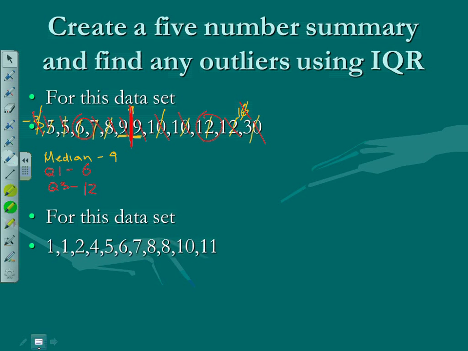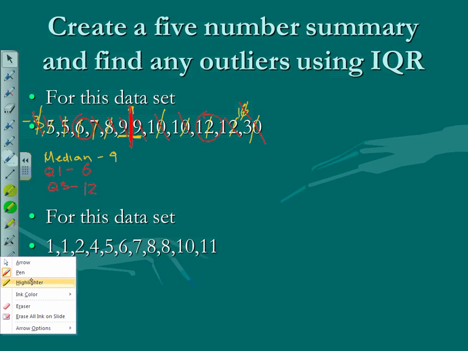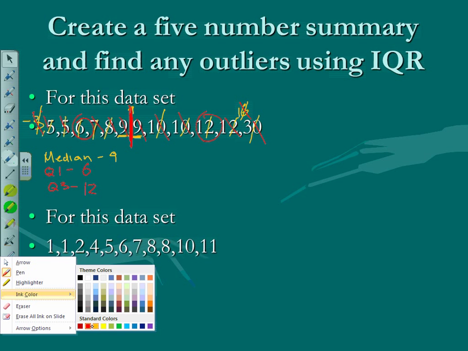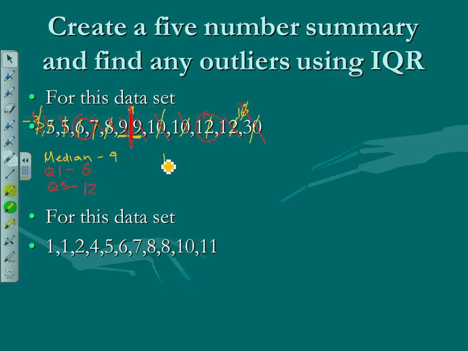The next thing we need to calculate is the interquartile range, IQR. We have all of what we need to find the IQR. IQR is just your Q3 minus your Q1. This is 12 minus 6, which is 6.